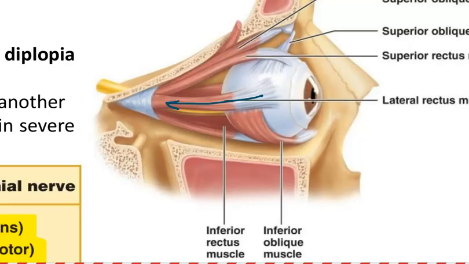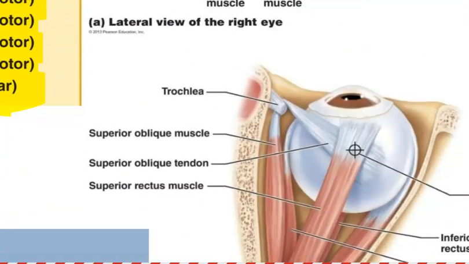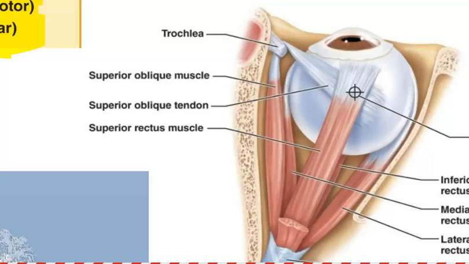That's also how I can turn my right eye to the left. Then we have the superior rectus muscle. What if I pull on it? Which way will I move? Superior rectus. Yes, up. You pull on the eye, it looks up.